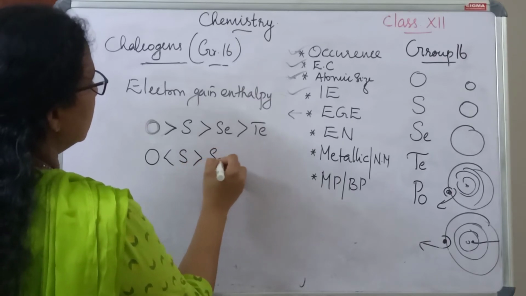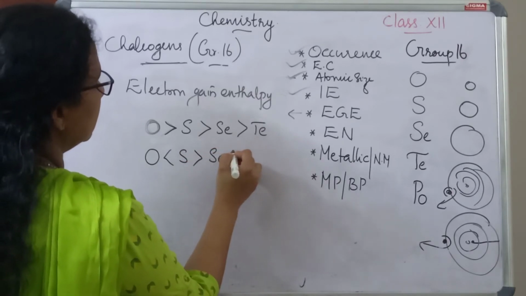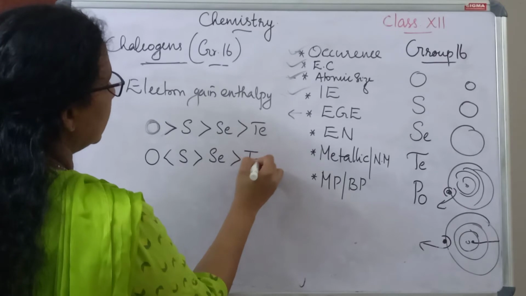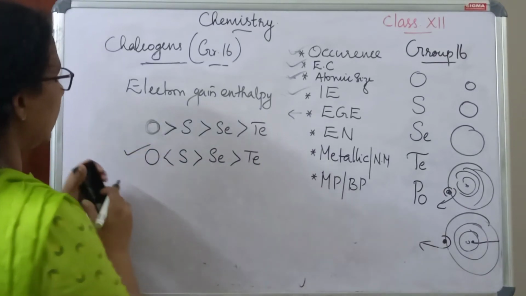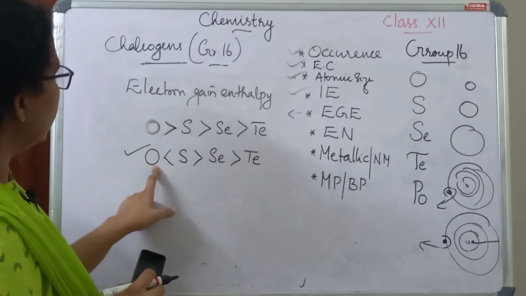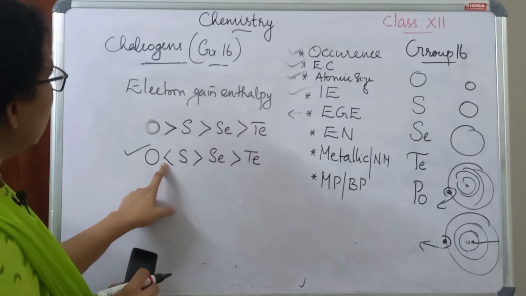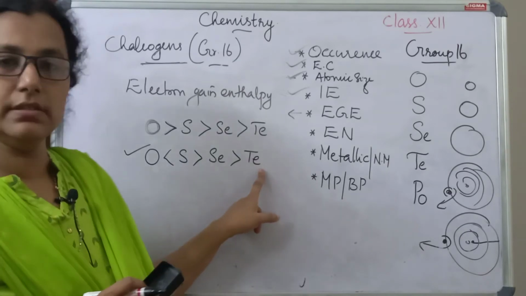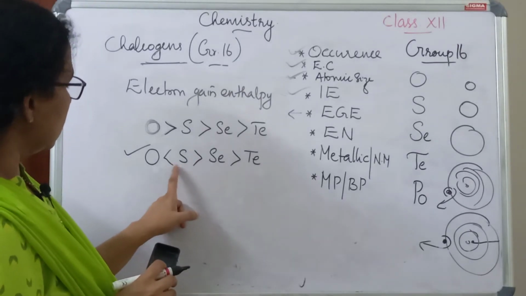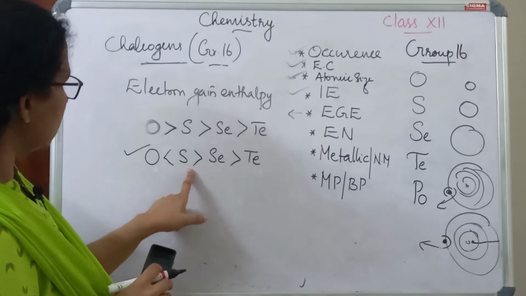In the actual case, oxygen has less electron gain enthalpy than sulfur, then selenium, then tellurium. So this is an anomalous behavior.